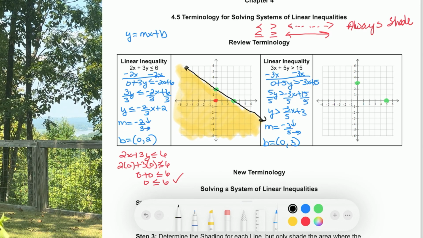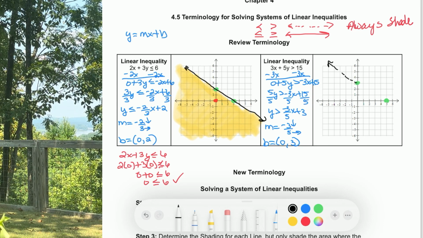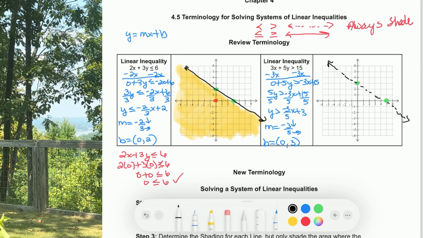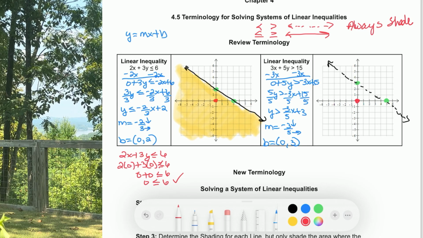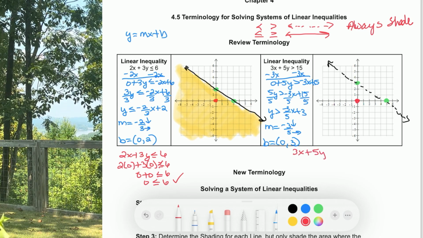My inequality is a greater than. It doesn't have the or equal to, so I'm going to have a dotted line, not a solid line. Then I'm going to use the coordinate 0, 0 to see where my shading goes. So 3x plus 5y is greater than 15.